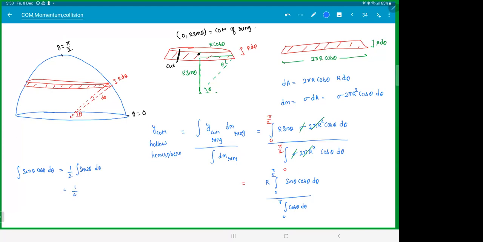This would be minus 1 by 4 cos 2 theta. Limits go from 0 to pi by 2. This would be minus 1 by 4 (cos pi minus cos 0). That would be half. So this would be r into half, and the denominator will come to 1. So this is r by 2. That's your answer.